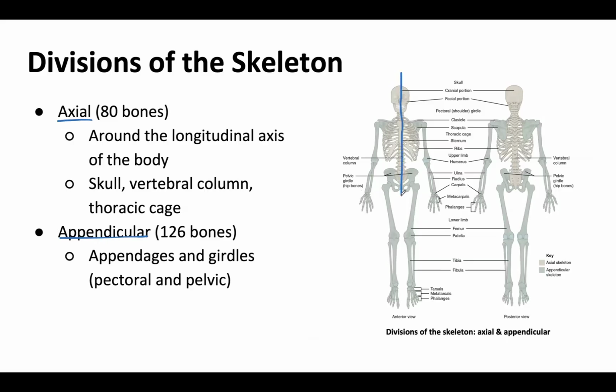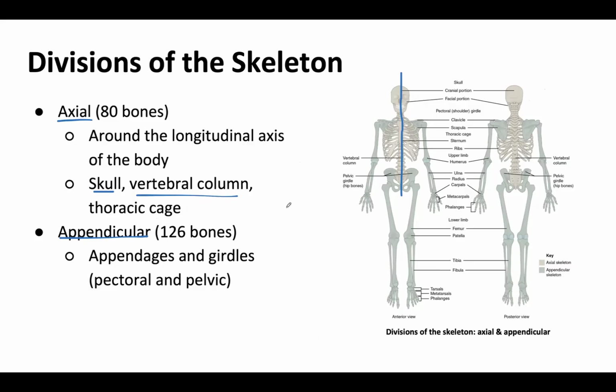So those bones that are very closely associated with that are going to be included with the axial skeleton. So those would include the skull, the vertebral column, and bones of the thoracic cage. So that would include the sternum and the ribs of the thoracic cage. And so they're going to be highlighted in kind of the more bone-like color, the off-white color on this illustration on the right.